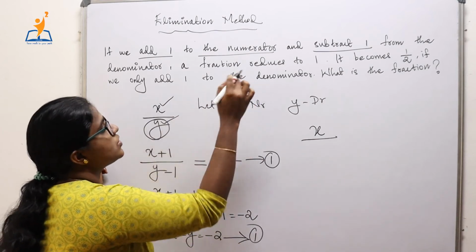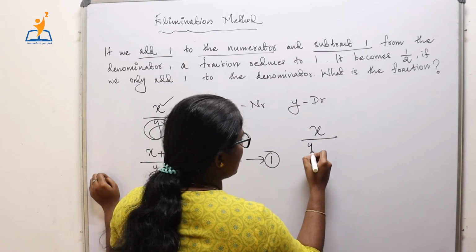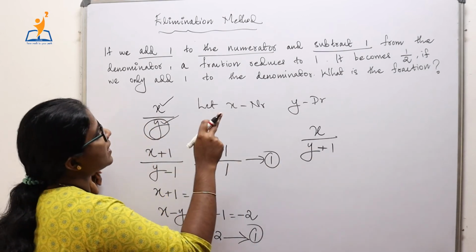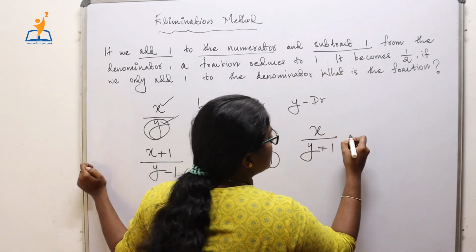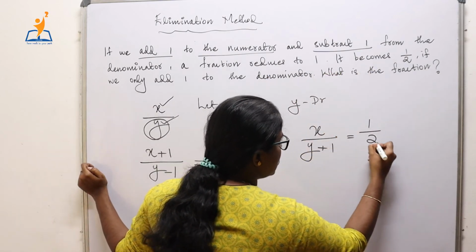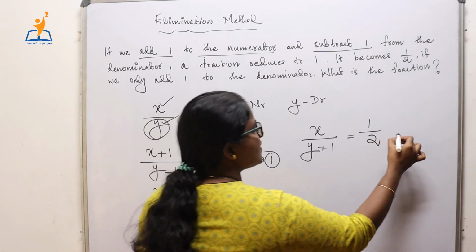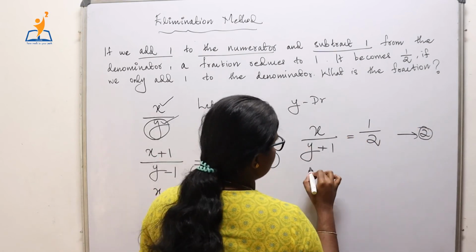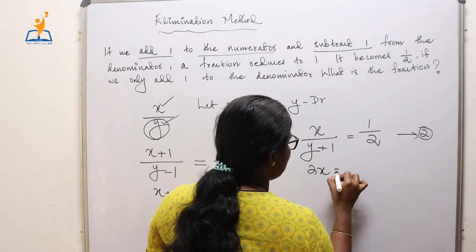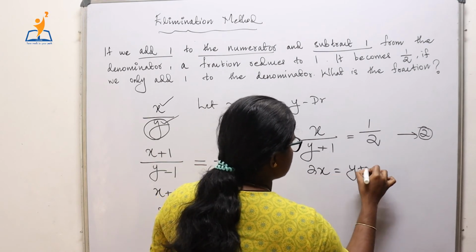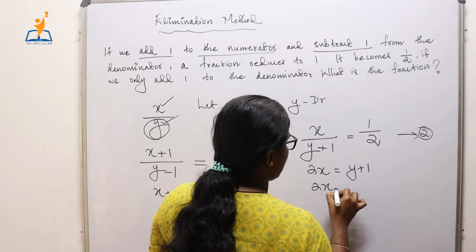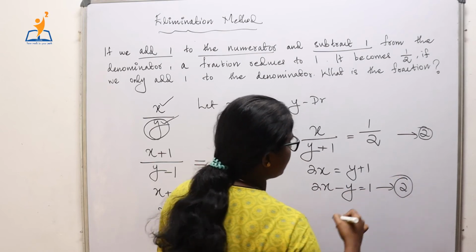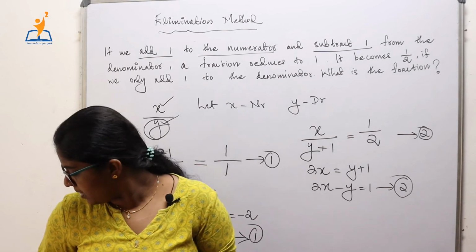We add 1 to the denominator, that is y plus 1, then it becomes 1 by 2. This is our equation number 2. Now let's simplify equation number 2 by cross multiplying, that is 2x equals y plus 1, that is 2x minus y equals 1 is our simplified form of equation number 2.